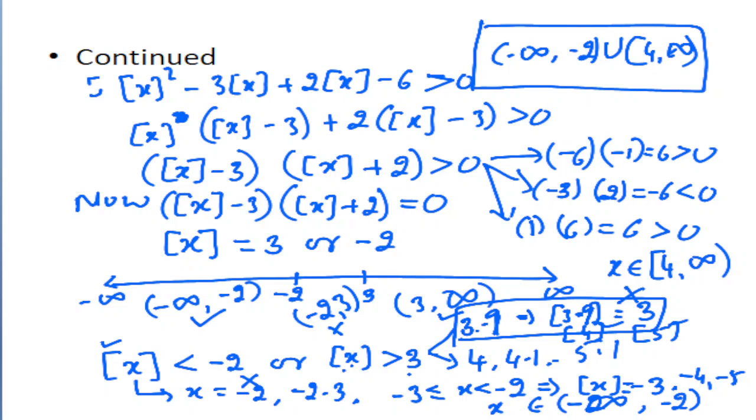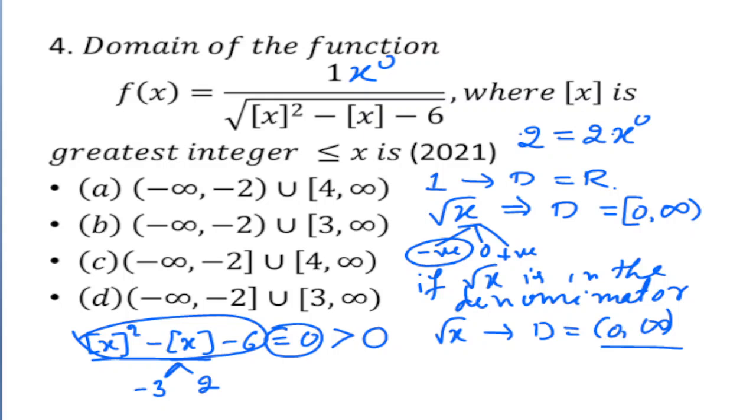So this is the domain of the denominator. Clearly this set is a subset of the set of all real numbers. For the numerator, what is the domain? We have the set of all real numbers, and for the denominator, what is the domain we have? Open interval minus infinity to minus 2, union the interval 4 to infinity, where 4 is included.